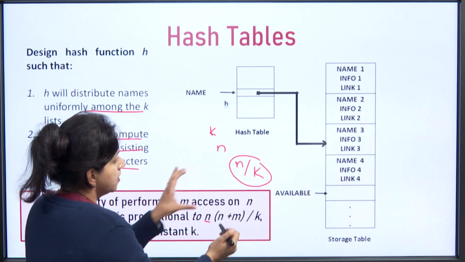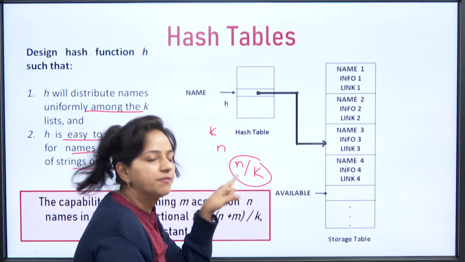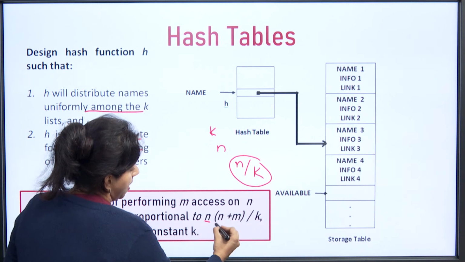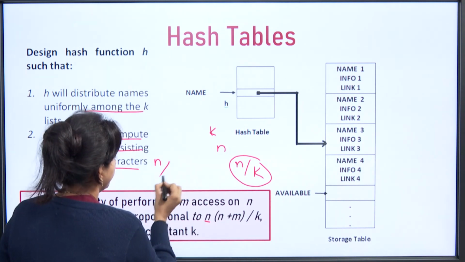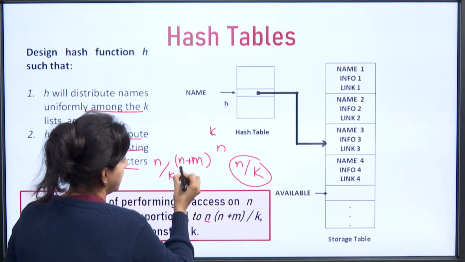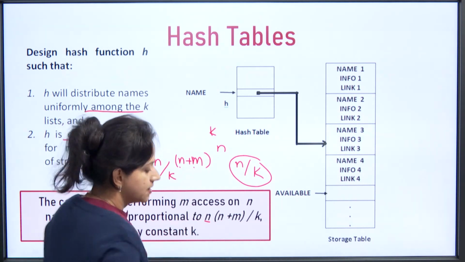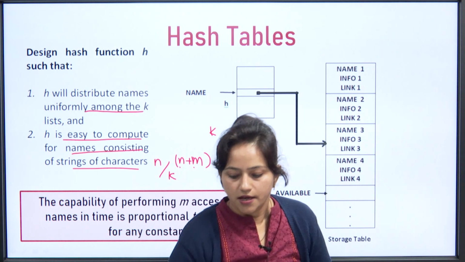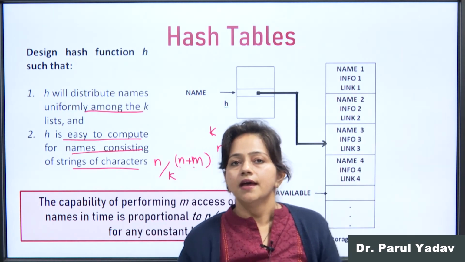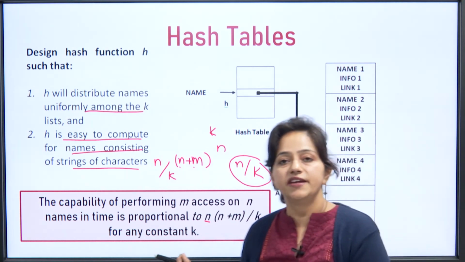So at a time we will be searching only n by k records. So it will be n by k into n number of inquiries plus n number of entries plus m number of inquiries. If the value of k is high, then this scheme will give a very good result.